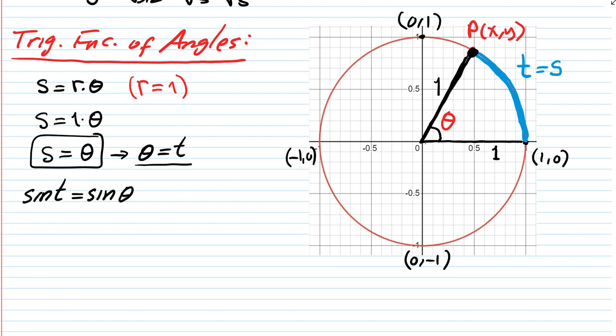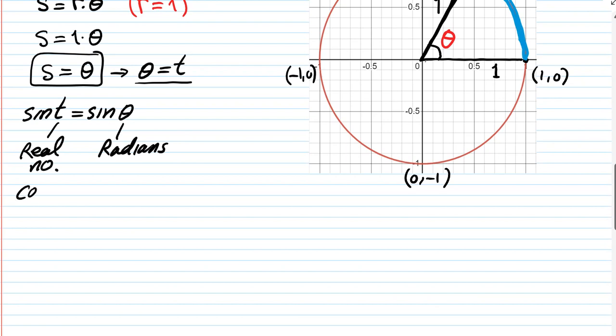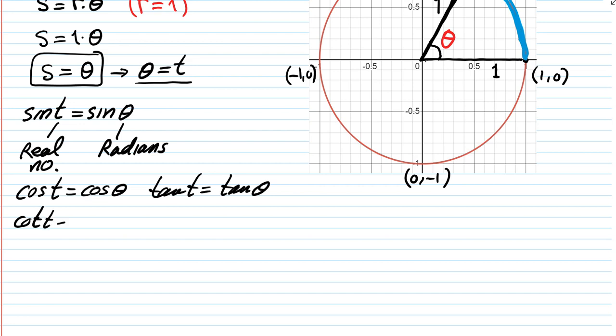Now, keep in mind, t was a real number. Here, theta is a measure of an angle, and to keep it real, theta must be in radians. That's why theta equals t. And now we can convert all of the trig functions, all 6 of them, from t to the measure of central angle theta, which is more familiar to everyone. So tan t becomes tan theta, and so on. Cotan t would be cotan of the central angle theta.